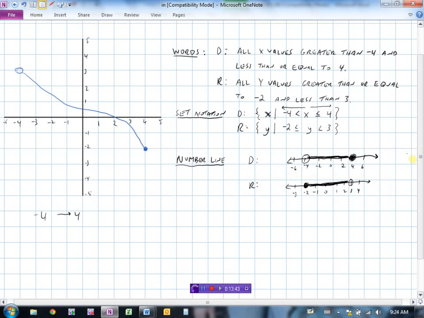Yet a fourth way of expressing the domain and range of a function is to use interval notation. This notation here is probably even the simplest one to write in terms of the actual amount of effort required.